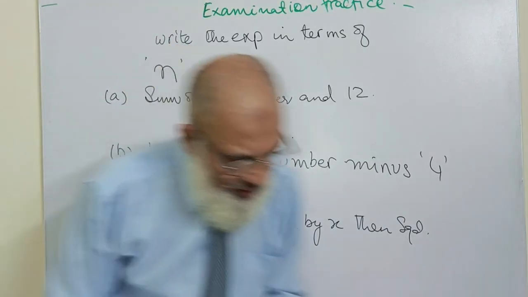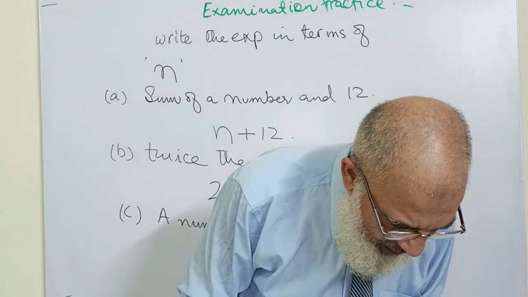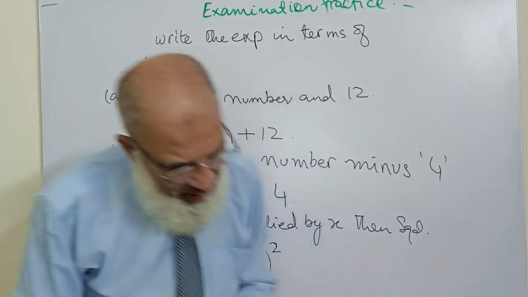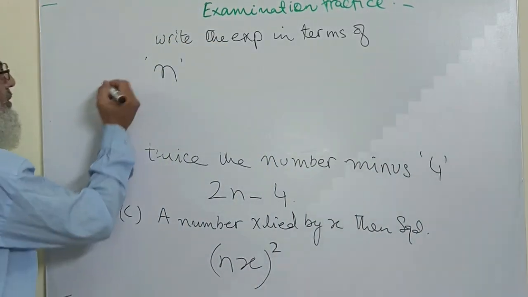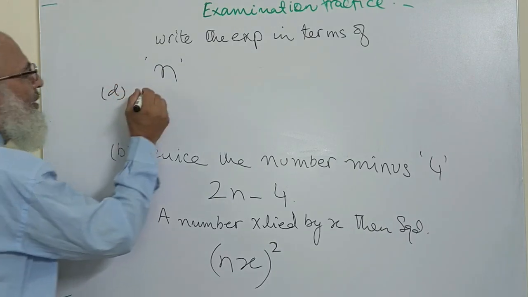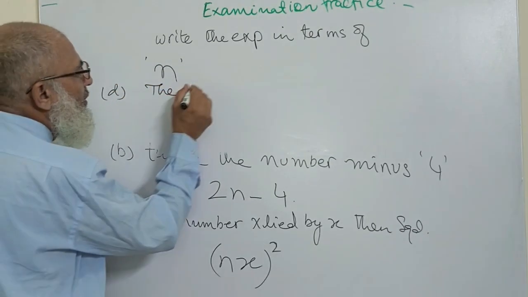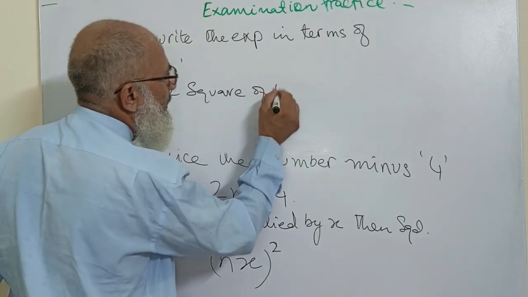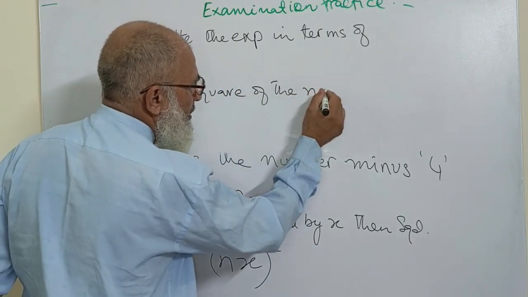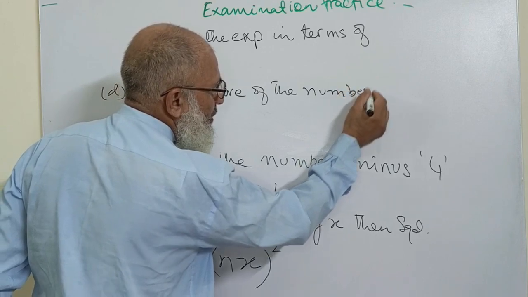The last of this is the square of a number cubed. The square of the number cubed.